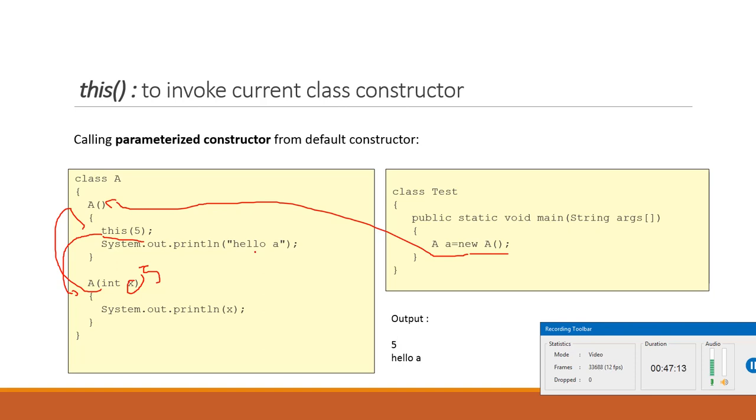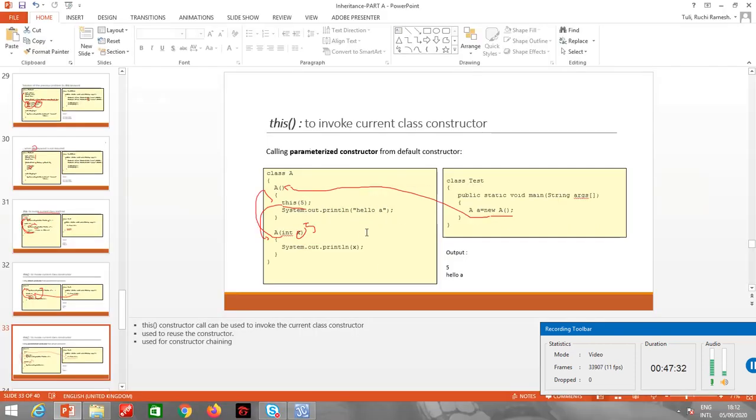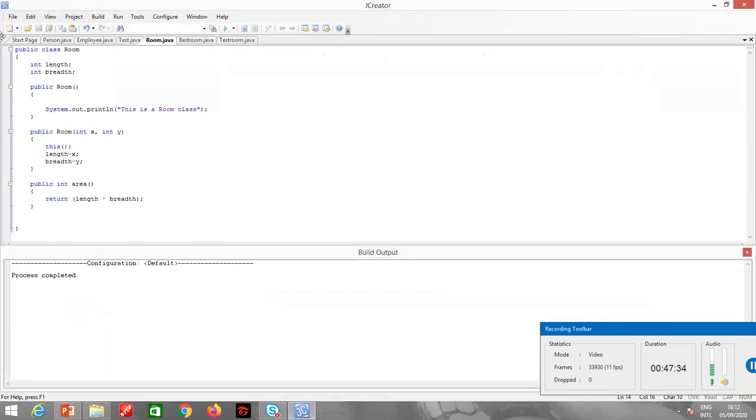Now the question here is, which constructor will be invoked? If a class has more than one constructor, then which constructor will be invoked? It will depend upon the object type which you have made. So let me just quickly make a program for you, something like this.